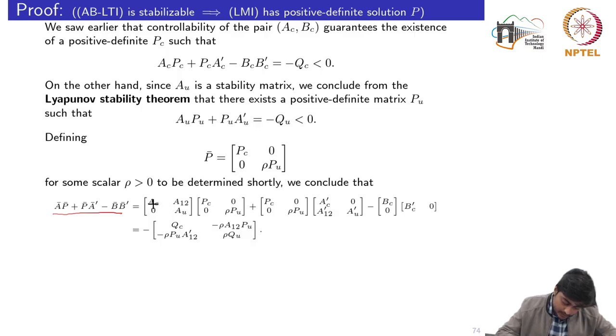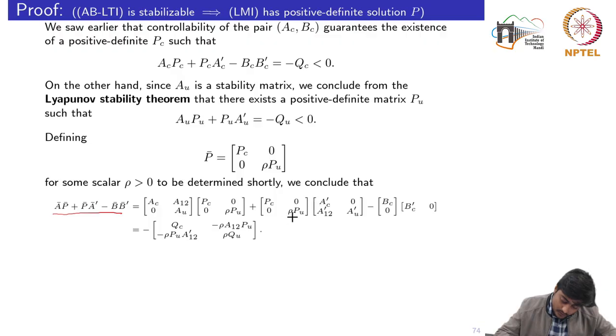Similarly, see this part, we would have A12 rho PU here, and the rest would be 0, with a negative sign, because we have taken the negative sign outside. Another off diagonal element, we would have rho PU A transpose 1 2, and this would be 0.